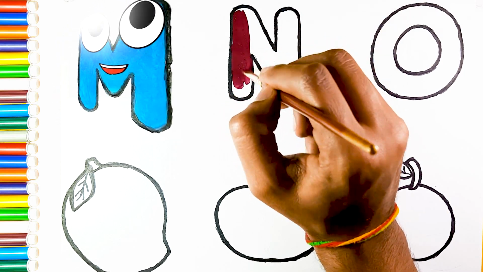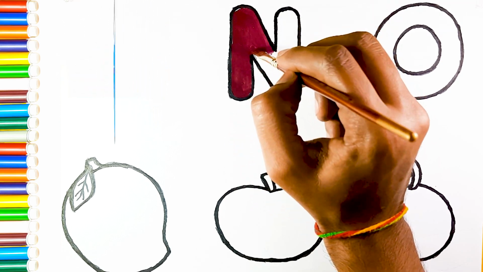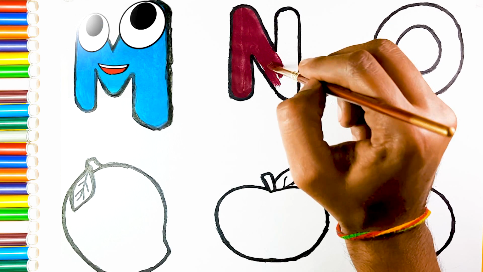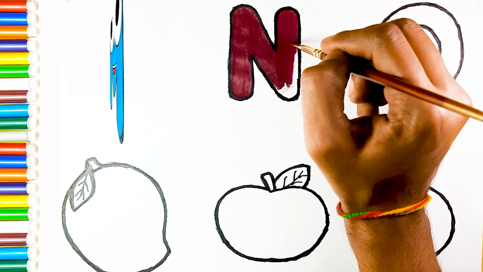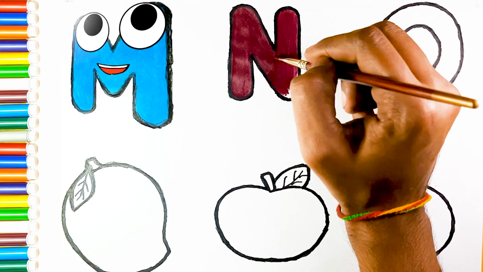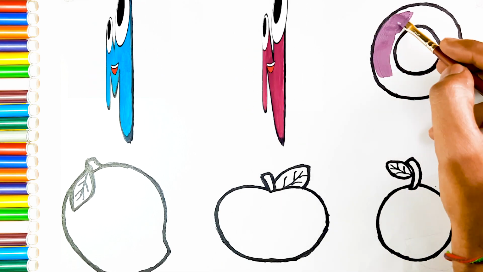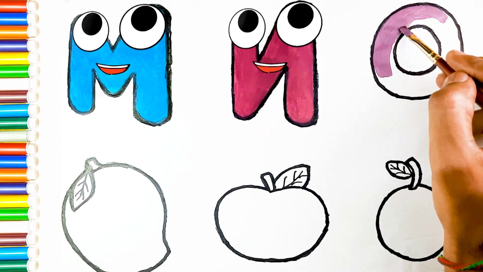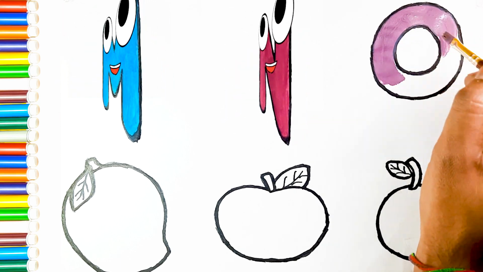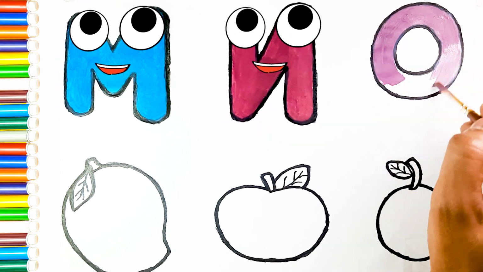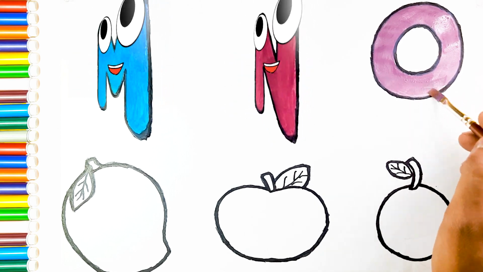Second alphabet is N. Alphabet we will use alizarin crimson. And the last alphabet is O. In O alphabet I am going to add light pink color.